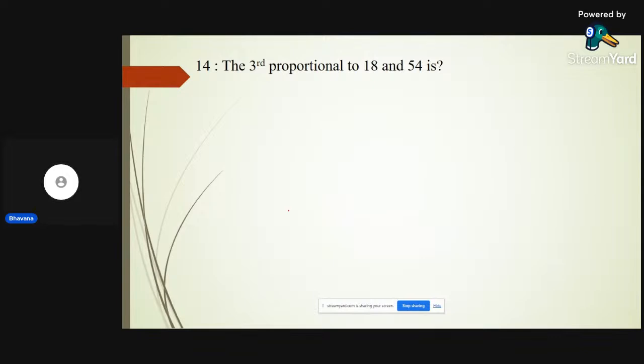Here next we have to find the third proportional to 18 and 54. So what is the third proportional value here? Already we have the formulas for the fourth proportional, second proportional and third proportional. So here just do it for the third proportional now.